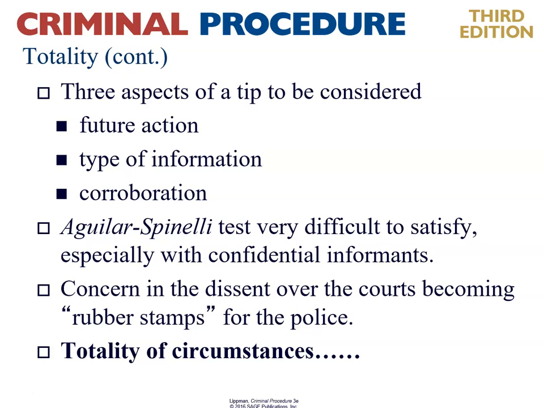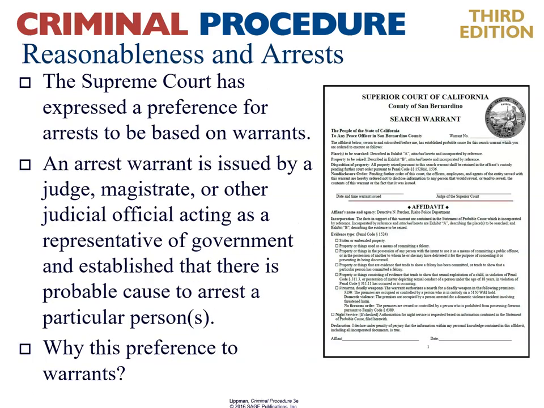So take a look at the Gates case if you want, but at the end of the day, the Aguilar-Spinelli test was very difficult to satisfy, especially when dealing with confidential informants. There was a concern in the dissent of the Aguilar-Spinelli case over the courts becoming rubber stamps for the police. However, again, it's all based on the totality of the circumstances, and that's what they look at as it relates to informants.